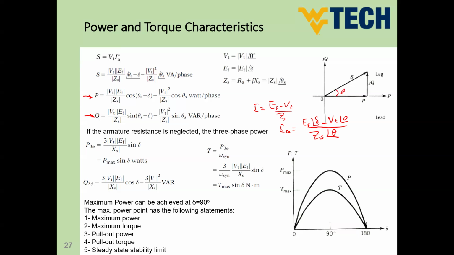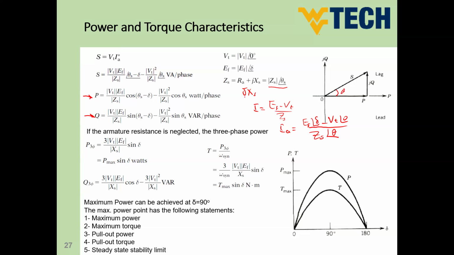Now, if we go back to the definition of the high rating machines and neglect the armature resistance. If you neglect the armature resistance, in this case, instead of using ZS at angle theta, if R equals 0, it would be jXS, which means XS is the absolute value and the angle is 90 degrees.